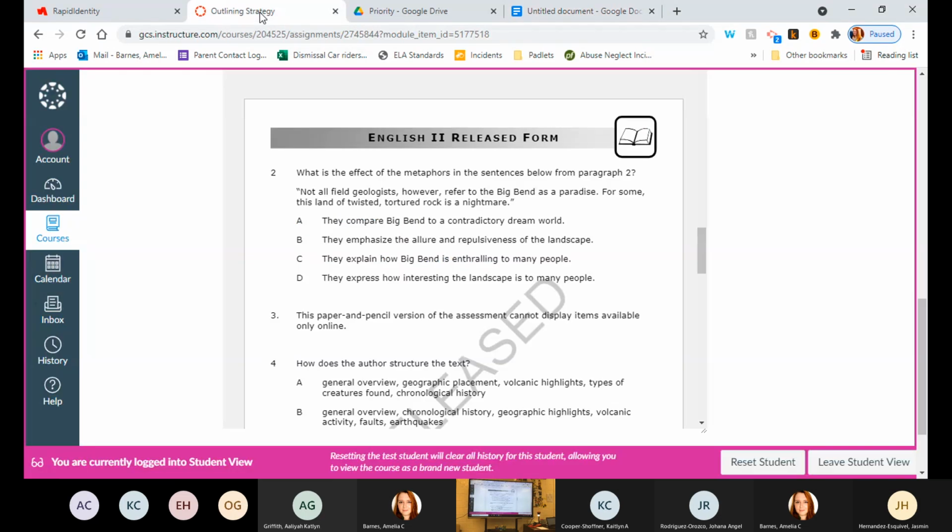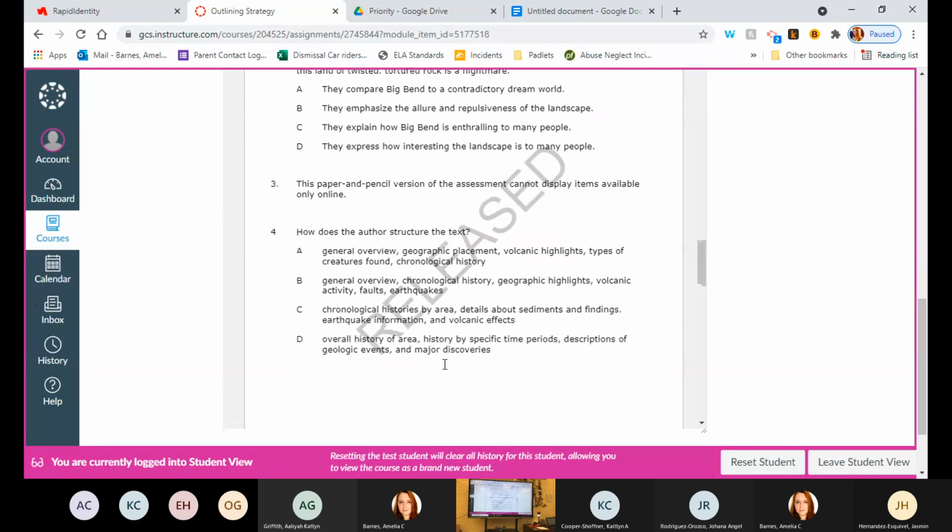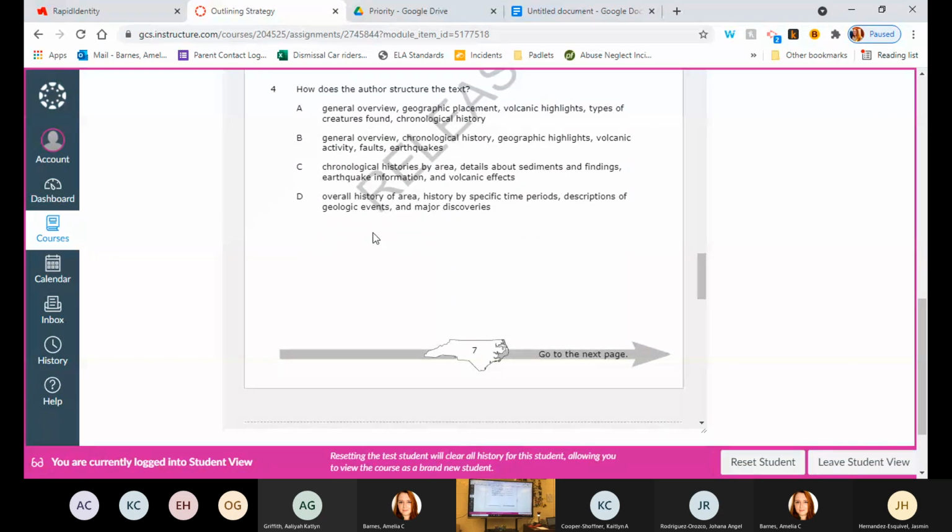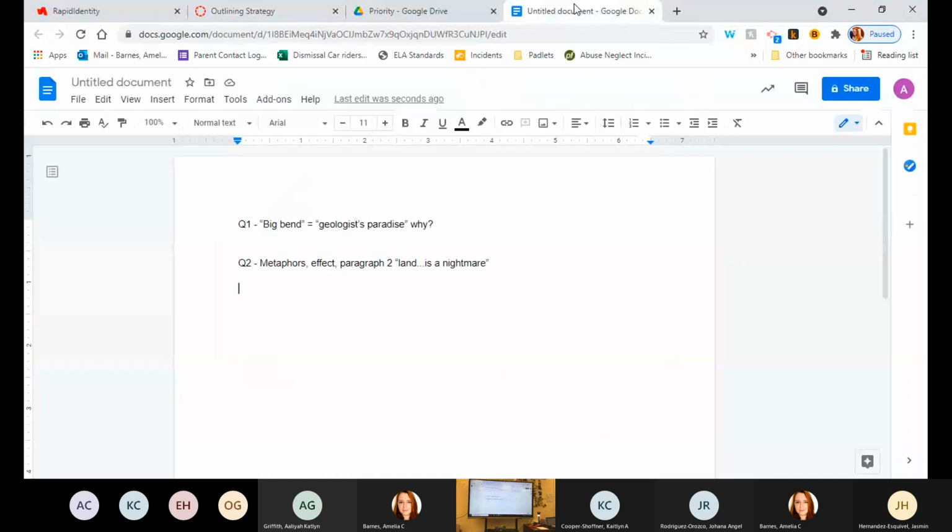So let's do the same thing. We're going to skip question 3 because it's not available here, and go to question 4. All right, what are the key words in question 4? Structure. Okay, so Q4 is asking about structure.